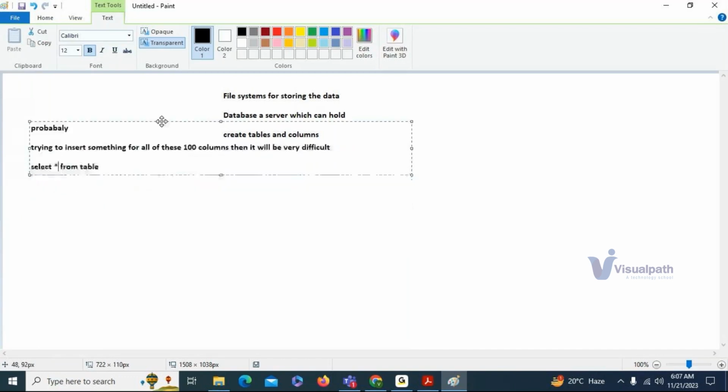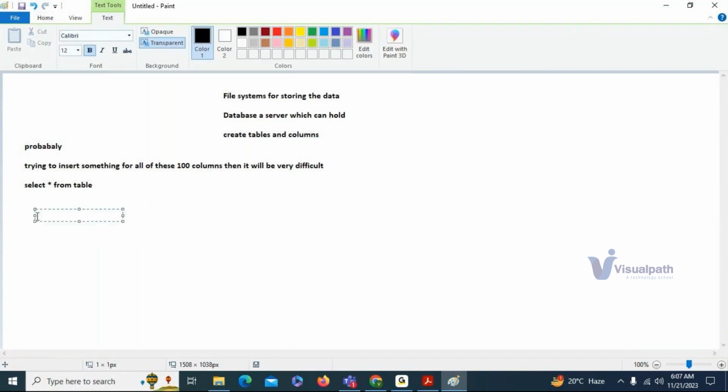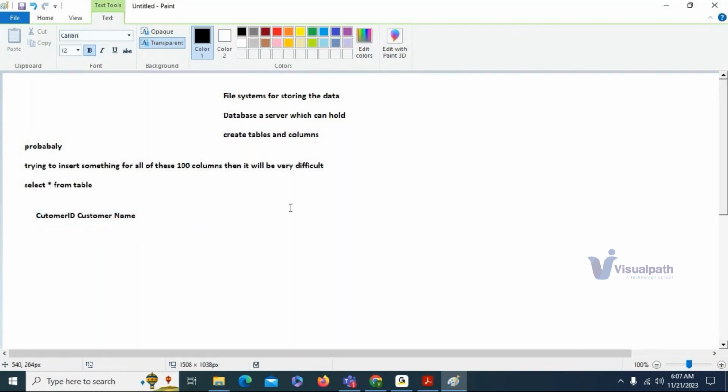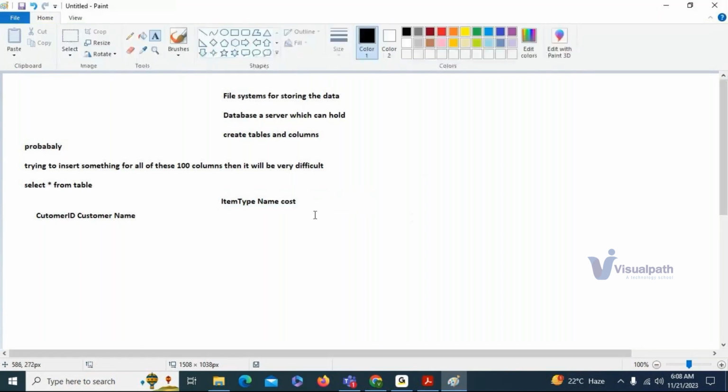So people came up with this idea. Let's say I will store the customer details in one table: customer ID, customer name, customer address, phone number, all those in one table. And then item information in another table: item type, item name, cost of the item, where all it is available, and the quantity that is available.